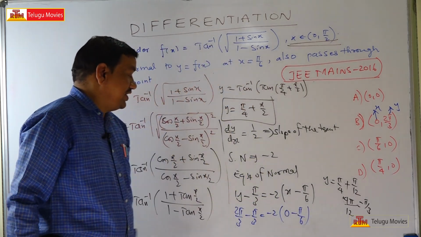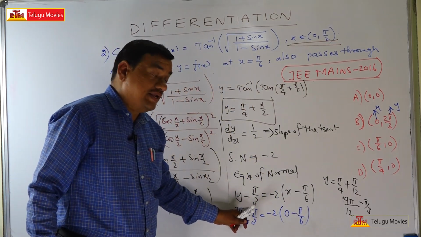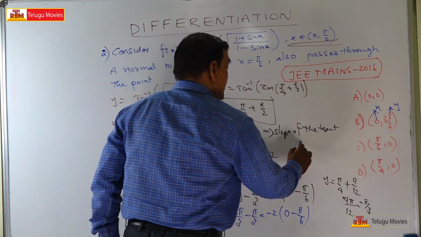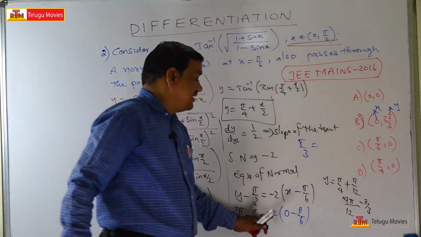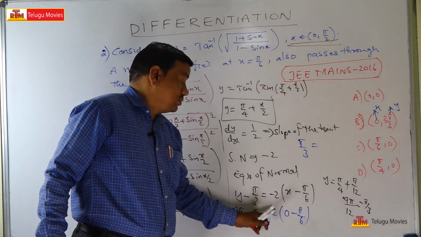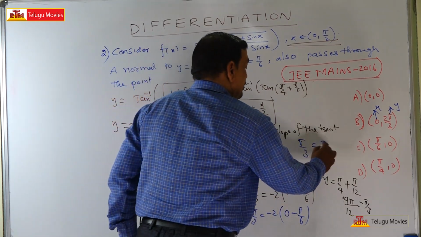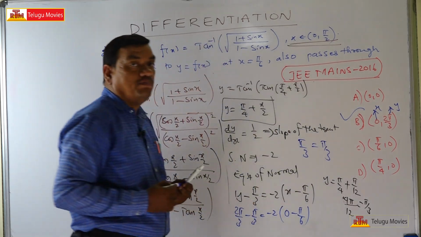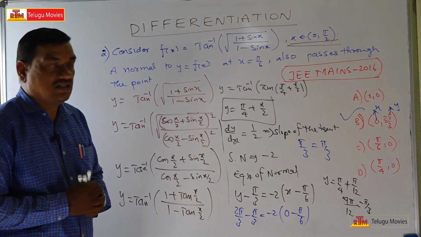See here, left hand side is pi by 3, right hand side, minus plus 2 cancel, pi by 3 you will get. Therefore, option B will be the correct answer.